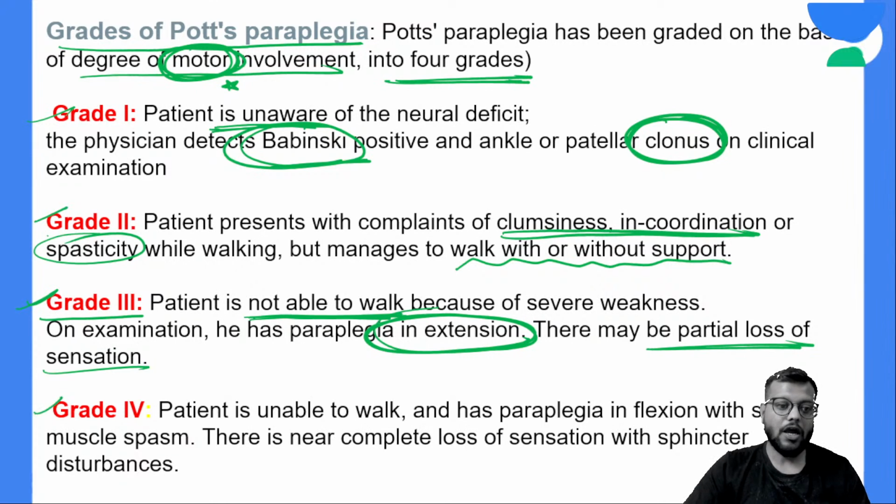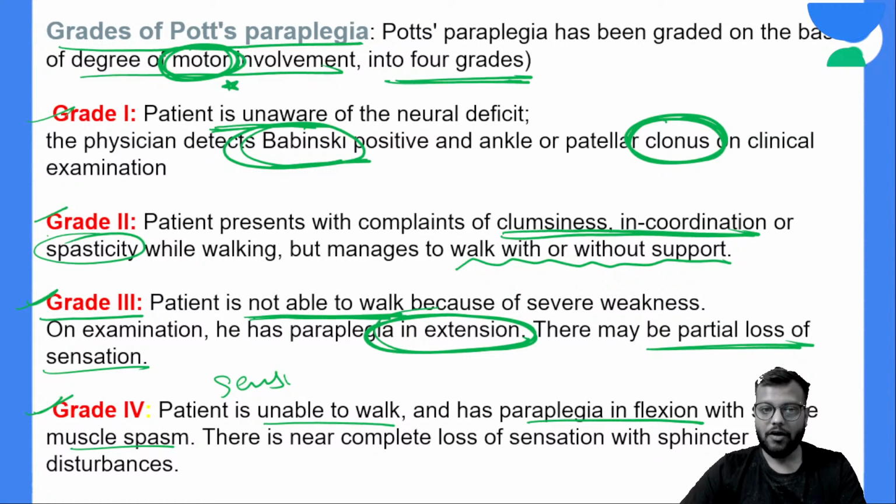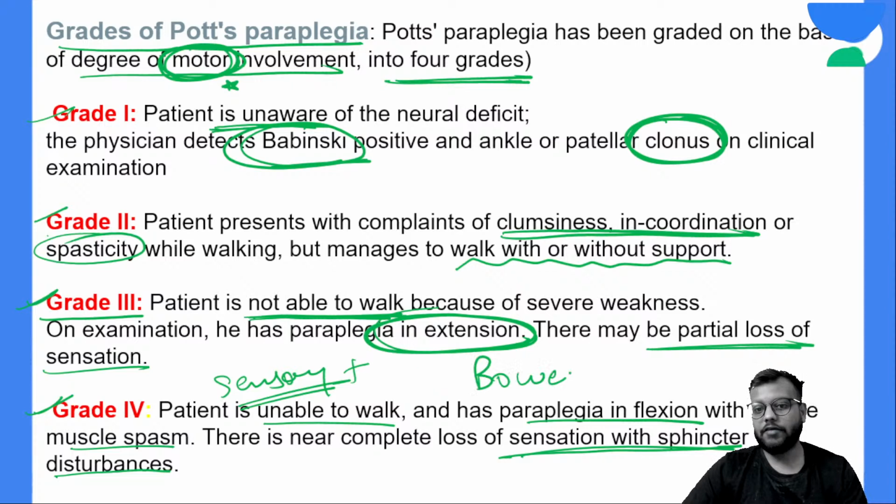In grade 4, there will be complete flaccid paralysis in paraplegia in flexion with severe muscle spasm, then complete flaccid paralysis. So flexion में होगा, unable to walk, and इसका जो main होता है that is your sensory deficit will be present, so there will be loss of sensations with the sphincter disturbances like bowel and bladder, or there will be bowel and bladder incontinence.